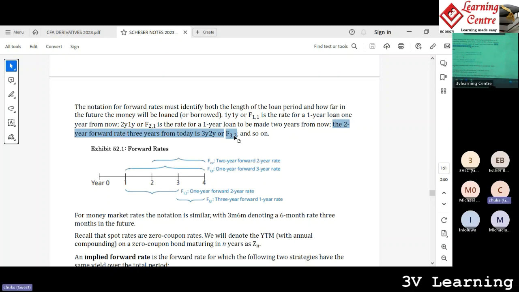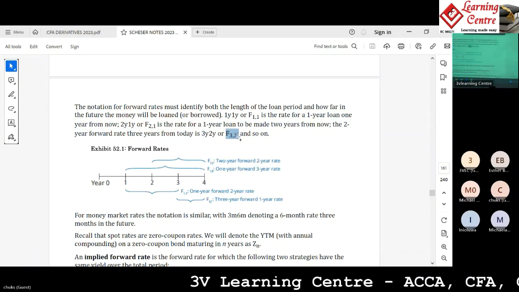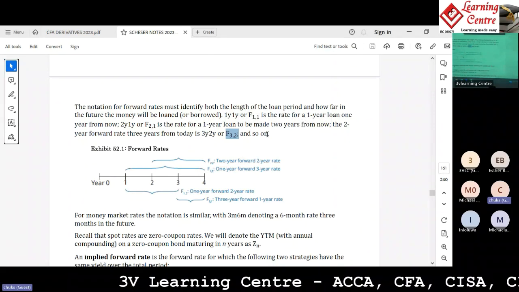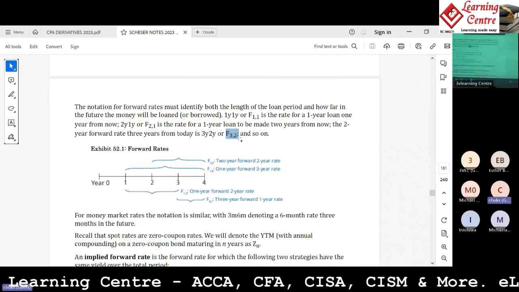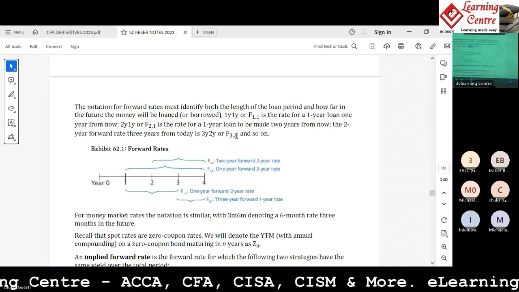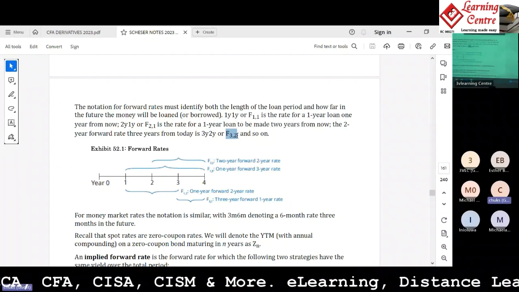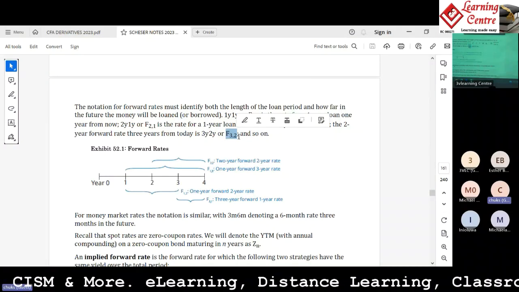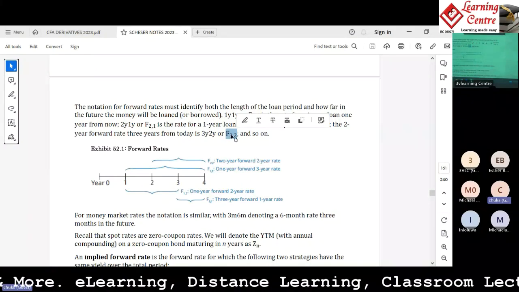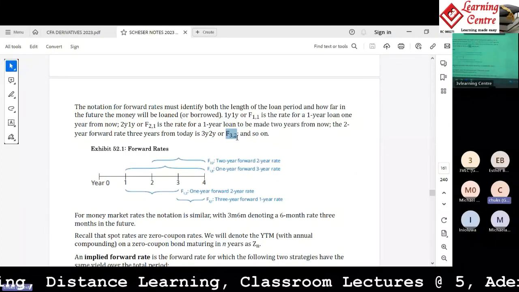Then the second number is the length. Once you see two numbers, the second one is the length of the loan, or the length of the forward. So this F32 is a 2-year forward, but it's starting 3 years from now. The first number is when it starts, and the second number is the length of the period.